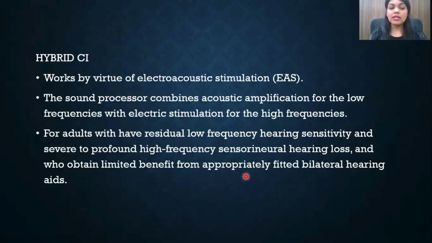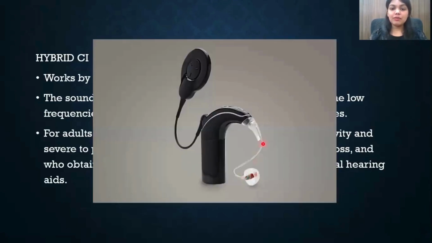So this is actually considered for adults who have residual low frequency hearing but who also have severe to profound hearing loss in the high frequency region and who do not benefit from bilateral hearing aids. So in this case, we can consider hybrid CI, which will provide acoustic stimulation as well as electrical stimulation.